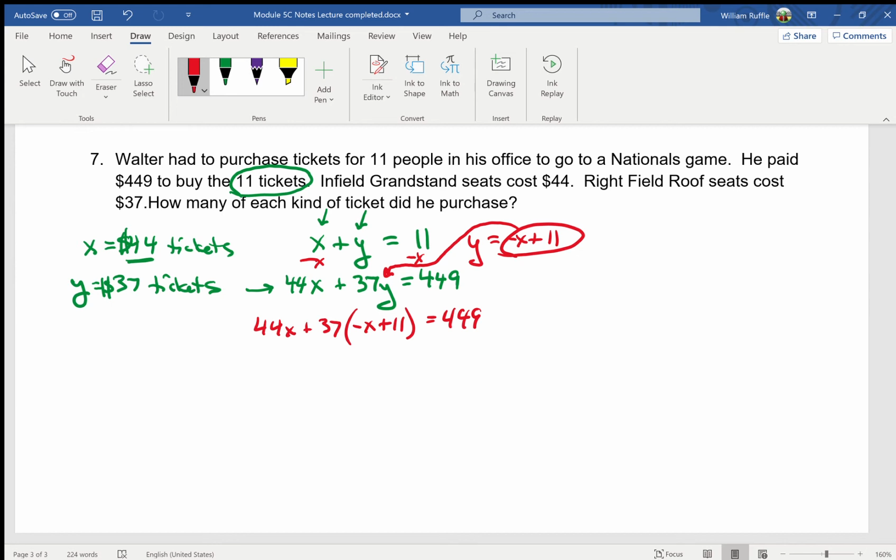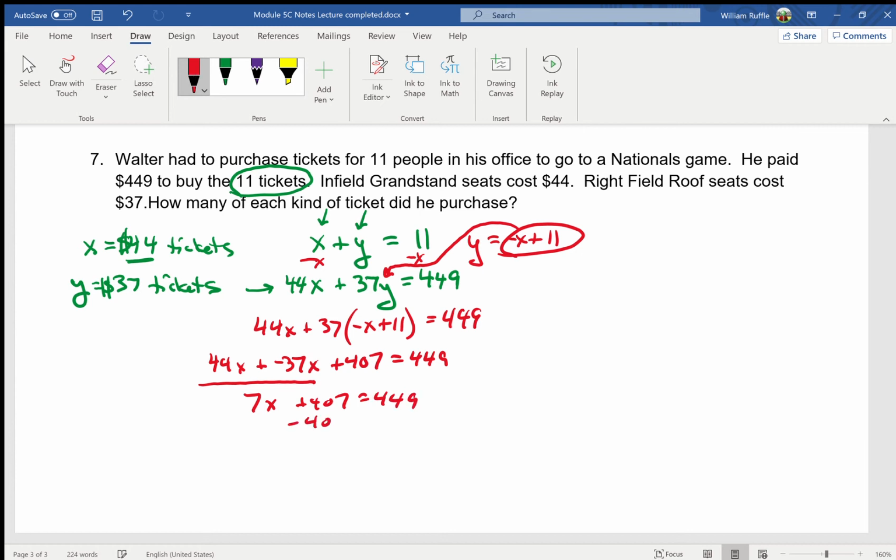So when I get here, I have to distribute this. So it's 44X plus negative 37X plus 37 times 11 is 407 equals 449. Okay, so 44 minus 37, that's 7x, plus 407 equals 449.